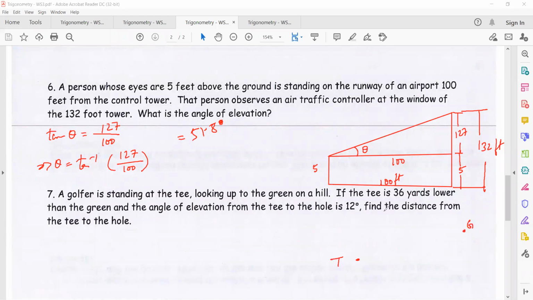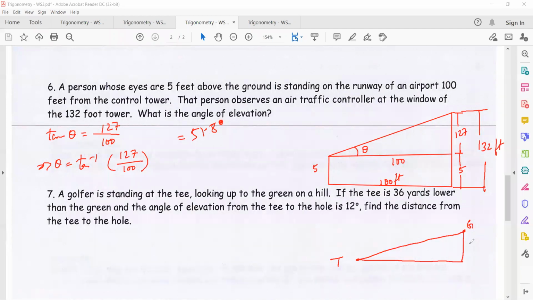Green is upper because it says the tee is 36 yards lower than the green. Here is the hole, the height is this, this is the horizontal distance, and this is the actual distance from tee to the green.